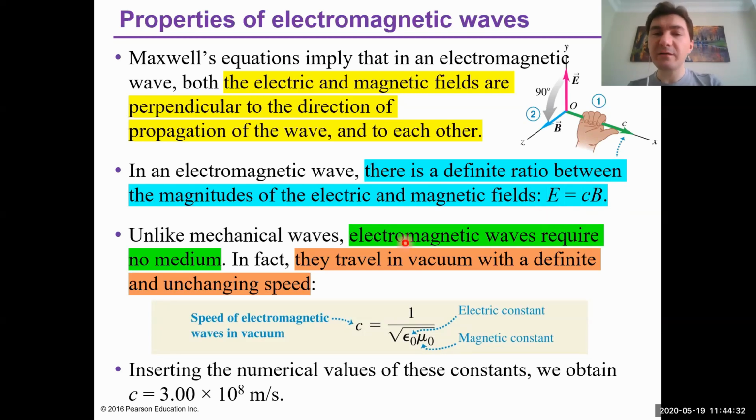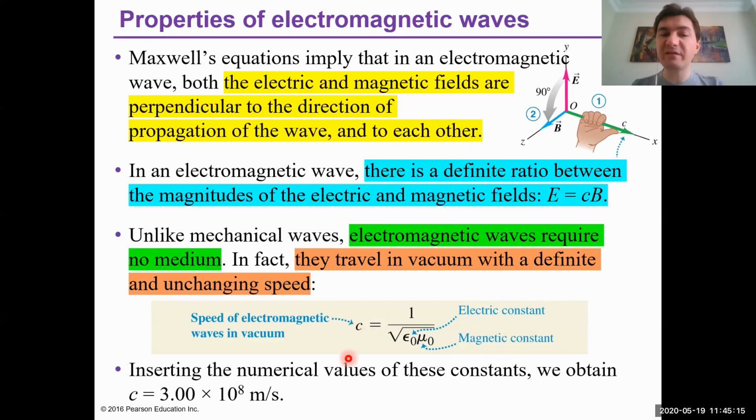So then another important and unique feature of electromagnetic waves, they require no medium, okay? They can travel in vacuum conditions. But mechanical waves, which we have discussed in Physics 1, are completely different, okay? They require medium to propagate. In addition to that, electromagnetic waves travel in vacuum with a definite and unchanging speed.